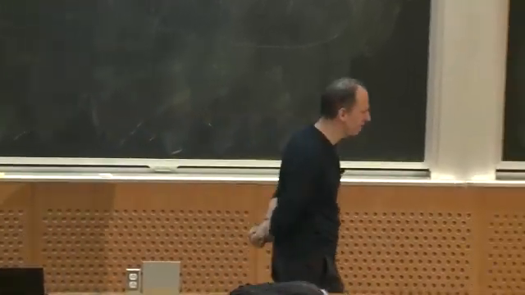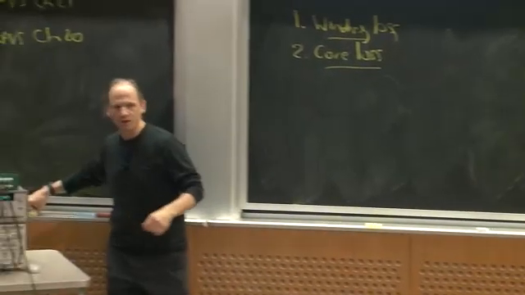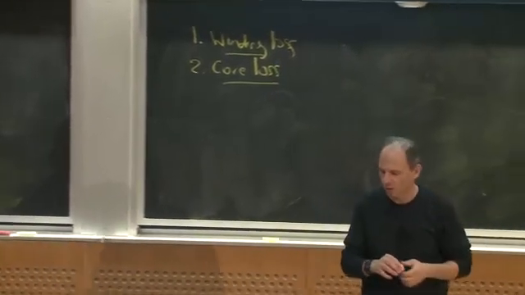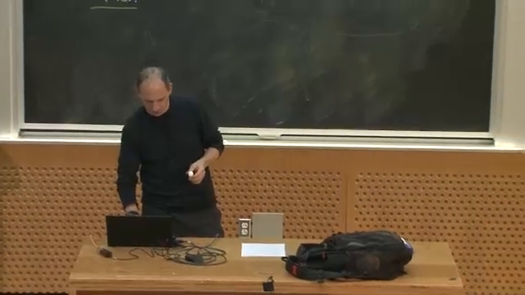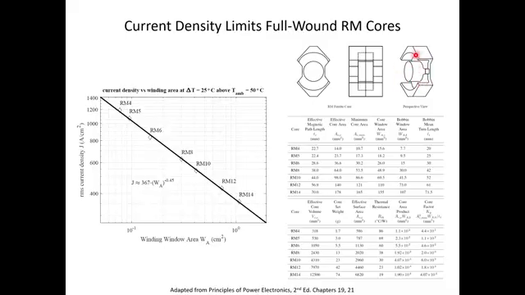Now, at the most basic level, if we're going to think about your winding loss, suppose we're designing an inductor, you're going to wind a bunch of turns, typically on a bobbin that's going to go on a core. Just to give you an example, in the top right here, this is a half of a core, and then you put two of those halves together, and you might grind the center post to give you a gap to store the energy in, and you would tend to wind your windings around the center post.